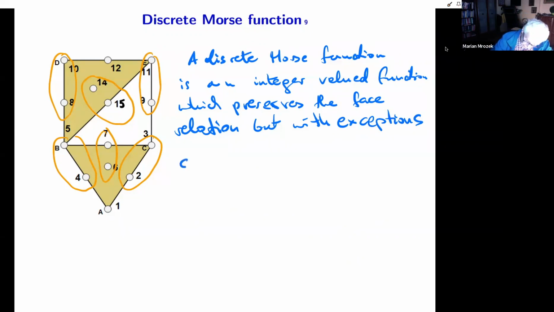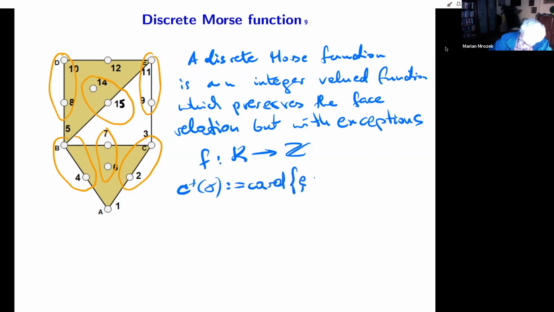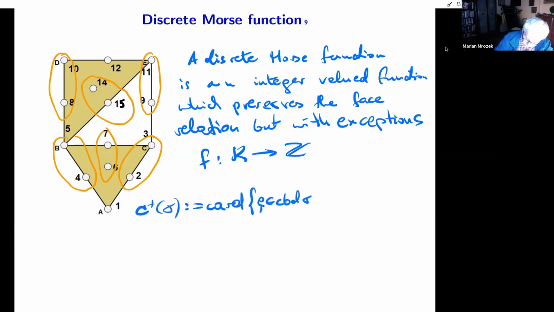Let's say the function is f, which goes from the collection of simplices to Z, and then you count the cardinality of elements rho in the coboundary of sigma such that the order is not preserved.